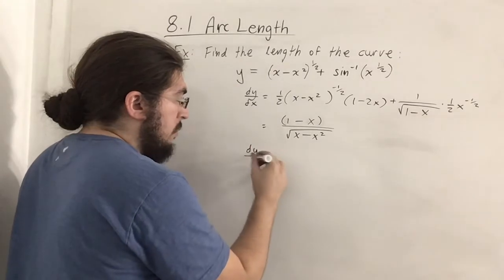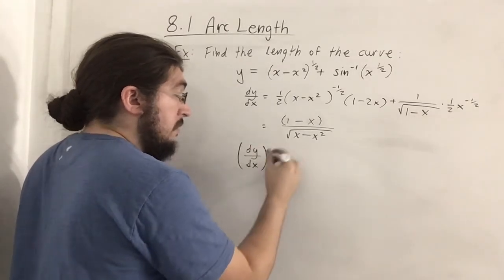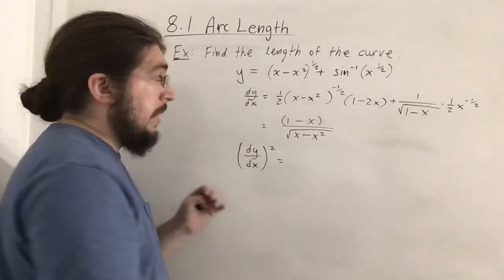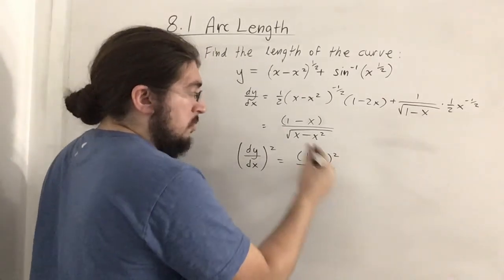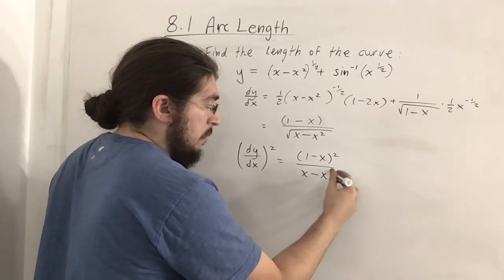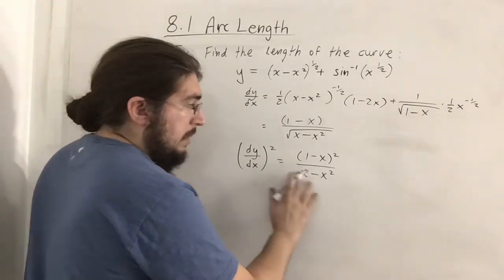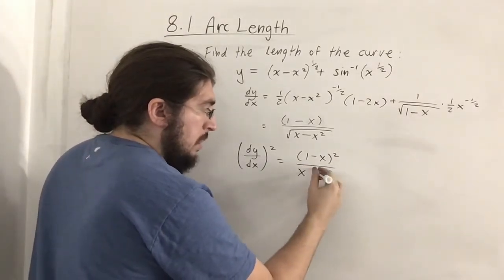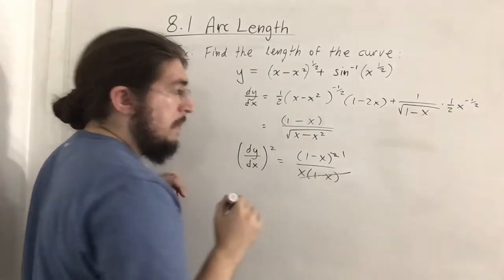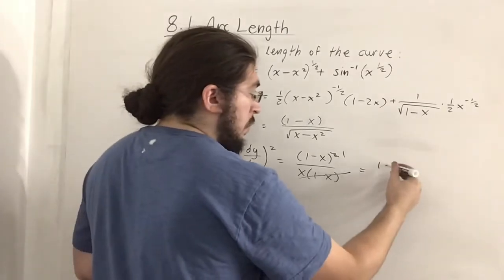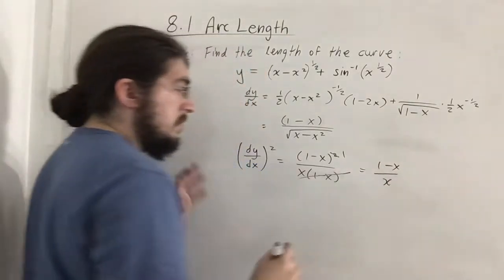So if we square dy/dx, which is what we needed for the formula for length anyways, that's going to be 1 minus x squared over this radical squared is just x minus x squared. And notice if you factor x out again, this is just x times 1 minus x. So we actually get that one of these actually cancels with the denominator. So in reality, this is just 1 minus x all over x for the square part.